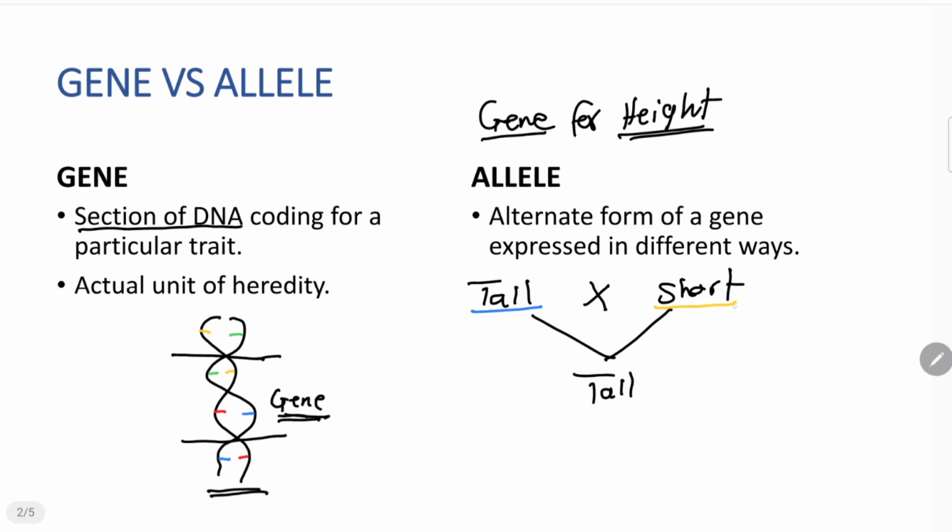And when we express the same characteristic in different ways, that is when it becomes an allele. So an allele is a gene. It is just that it controls the same characteristic in different ways. So that is the difference between a gene and an allele. Let's continue.